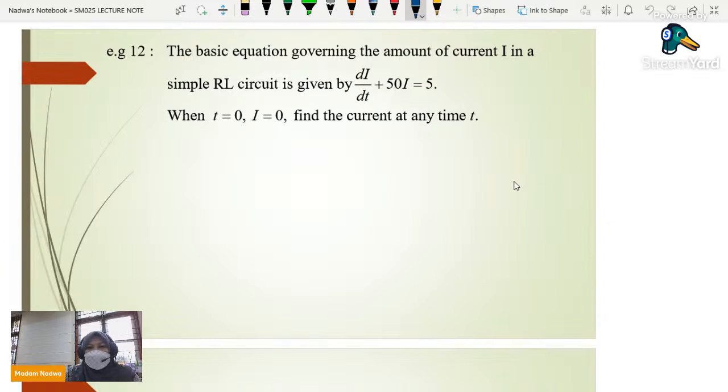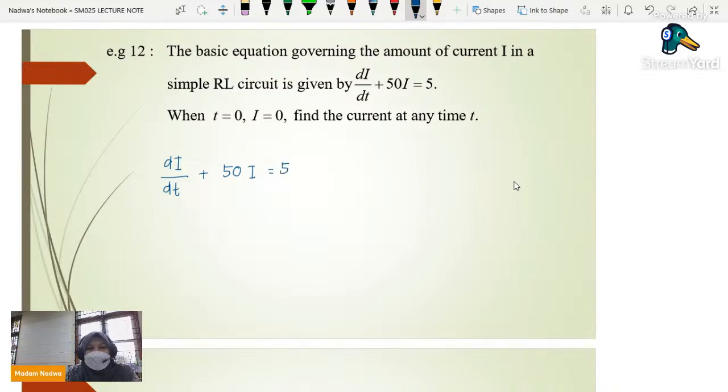Okay, the basic equation governing the amount of current in a simple RL circuit. So you don't really have to understand this one for mathematics, but you have to know what is the equation given to you. So it says the equation given by di over dt plus 50i equals to 5. So that's it. This is your differential equation. So you can extract the information from the given problem there, meaning that you have to identify first what is your variable involved in this application question.